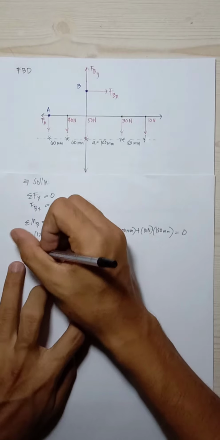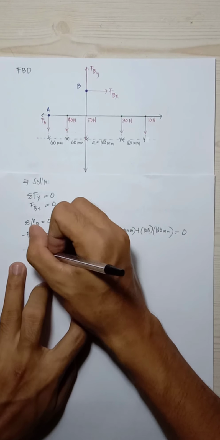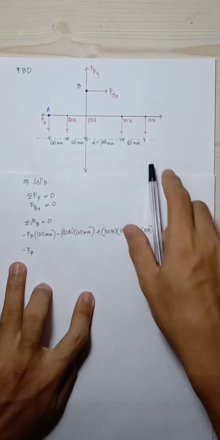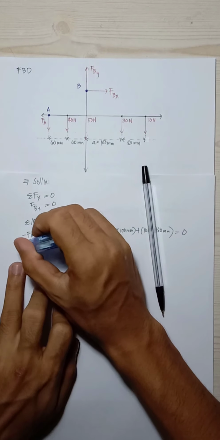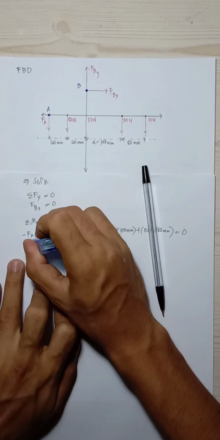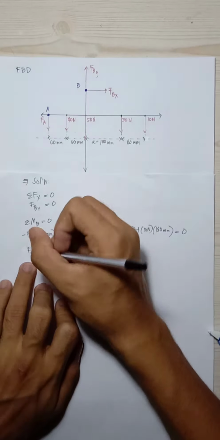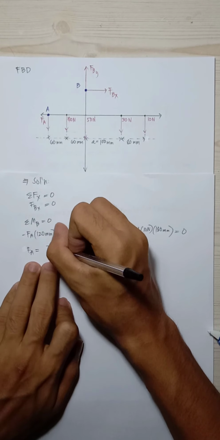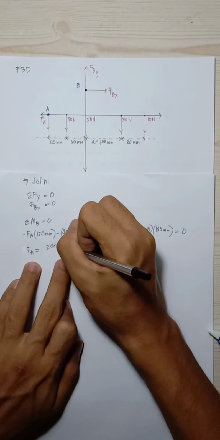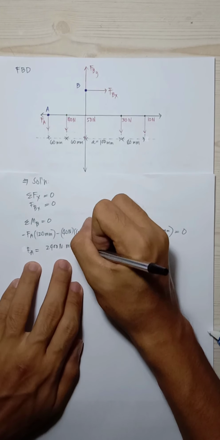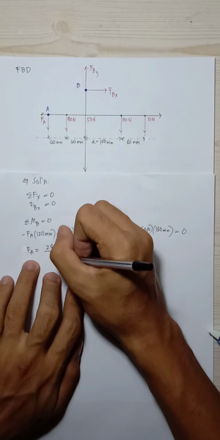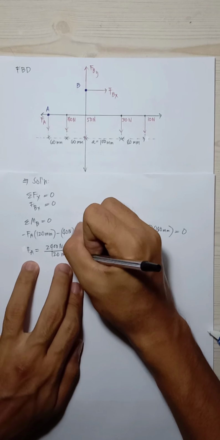By simplifying, you can obtain the value of the force in A, sorry for the negative sign. The force of A is equal to 2,400 Newton times millimeters divided by 120 millimeters.